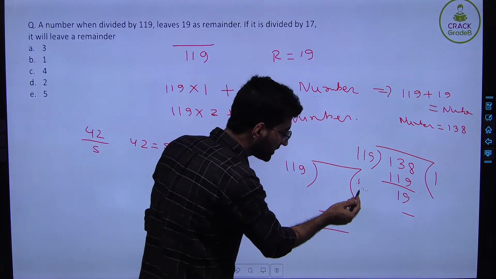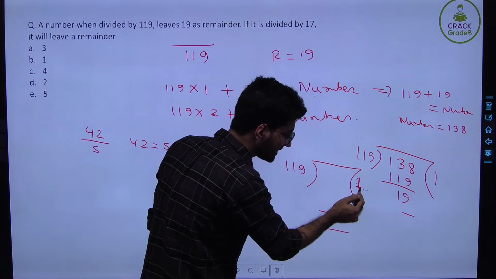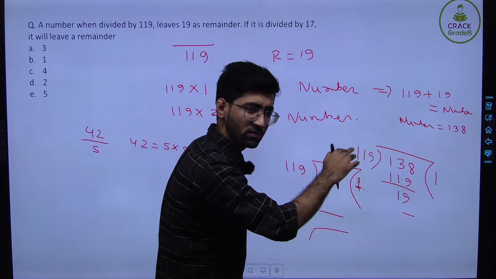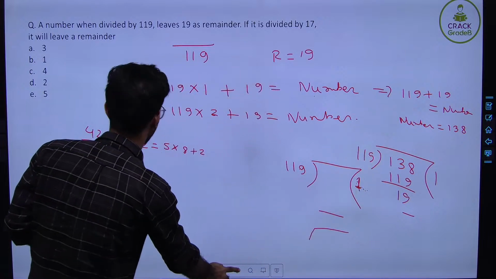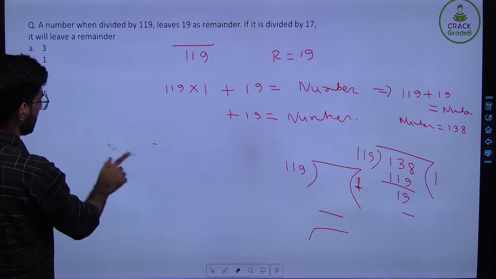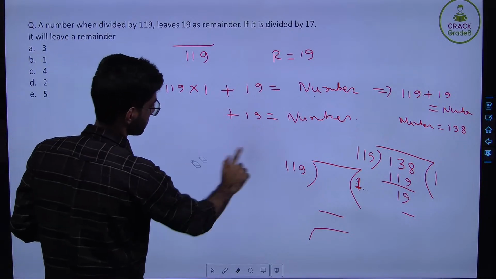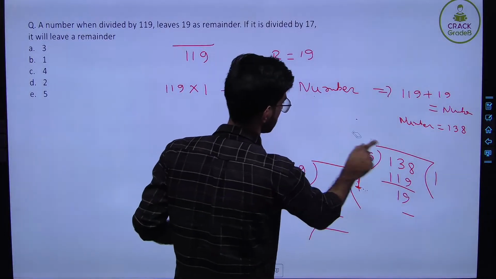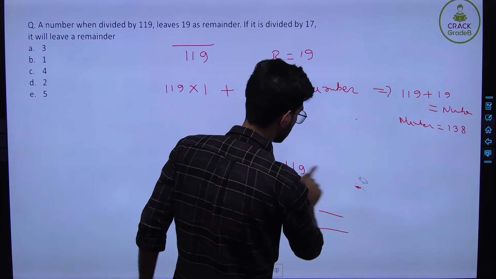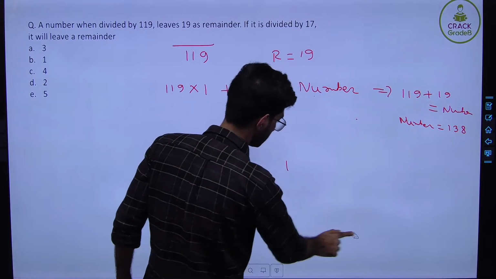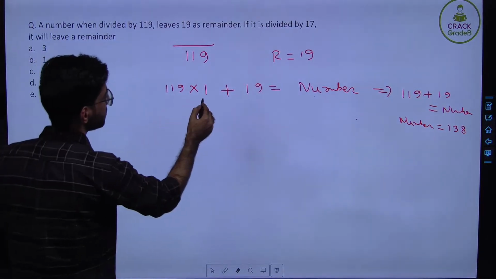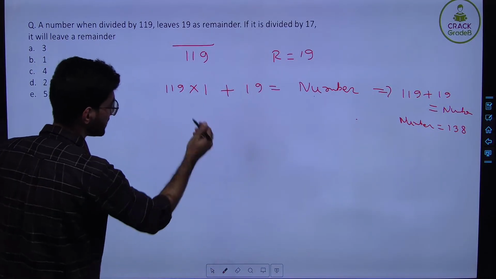So you can think that, okay, it is just into 1, or maybe into 2, maybe into 3. Let me take a few more examples. If you are thinking how did we know that this is 1?